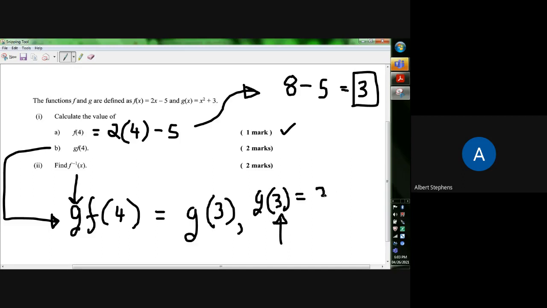So it's going to be 3 squared plus 3. What is 3 squared? 9. What's 9 plus 3? 12. All right. And that's the answer. That's part B.